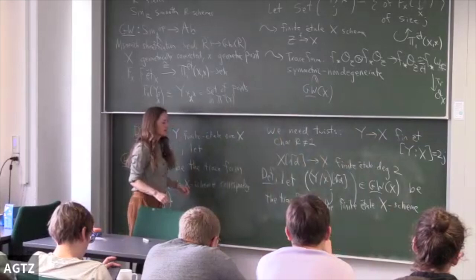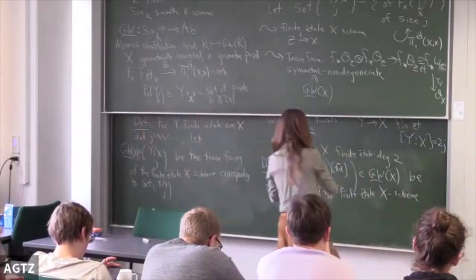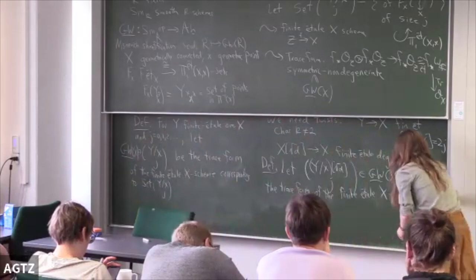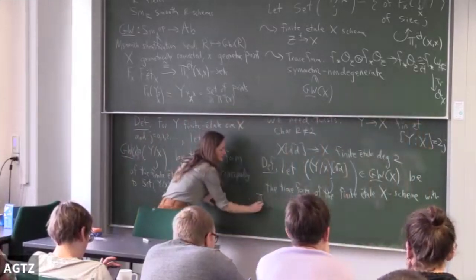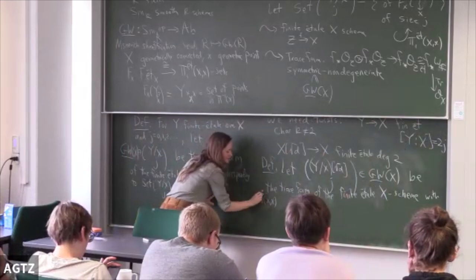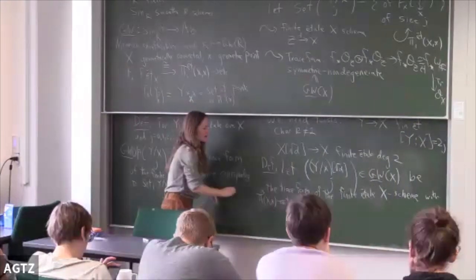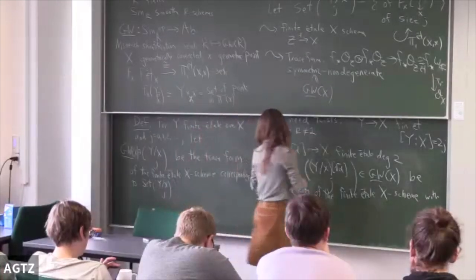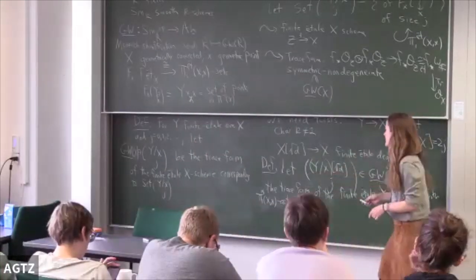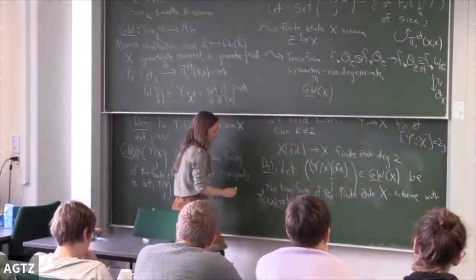So with the pi1 action, we have that pi1 surjects onto the Galois group of x adjoin the square root of d over x.